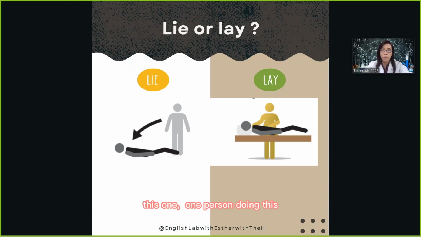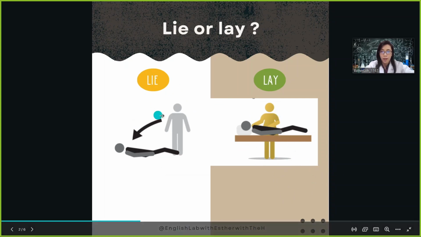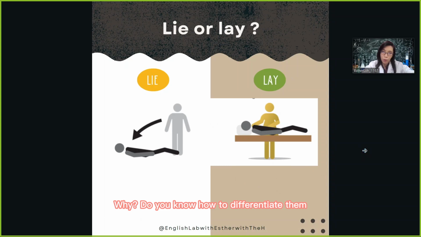We have one person doing this, and then we have two people doing this action. Lie, one person doing this. Lay, we have two people doing this. Why? Do you know how to differentiate them just by looking at these pictures? Or have you any idea by now?